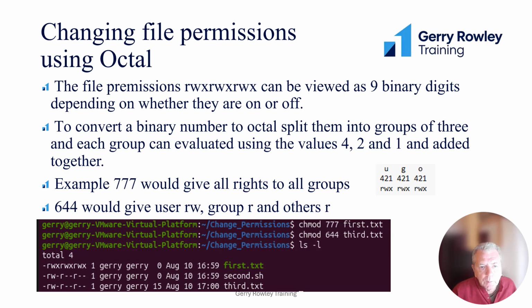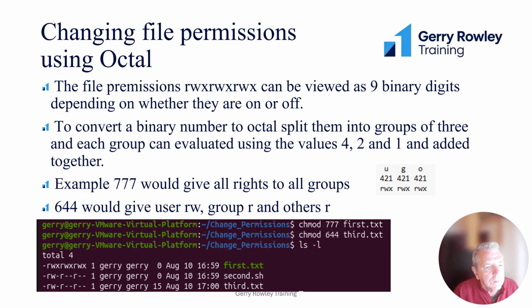So in the diagram in the center of the slide where I've got user, group and other, I've split my rwx's into groups of 3. And can you see that reading from right to left, each group of 3 is equal to 1, 2, or 4 in octal. So I can use that to give my 9 digits a value.